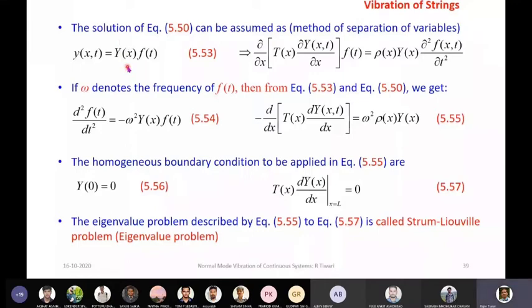If we substitute this in the previous equation of motion, this is the previous equation of motion we have substituted. Because this is the x differentiation, Y will be here, and f(t) will come out from this. On the right side, we had the differentiation with respect to time, so f(t) will be differentiated, but Y(x) will be outside.